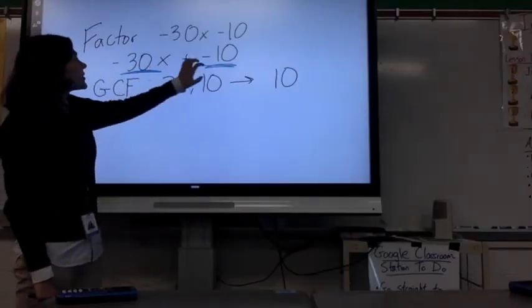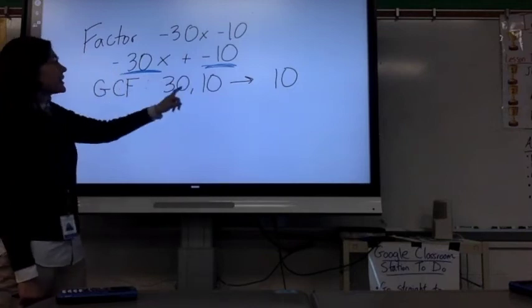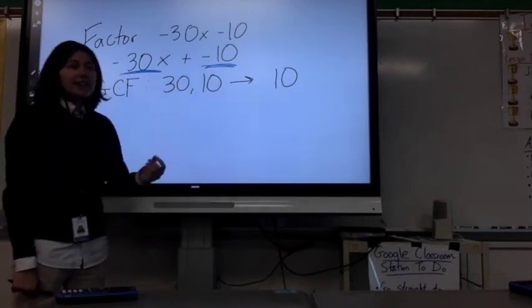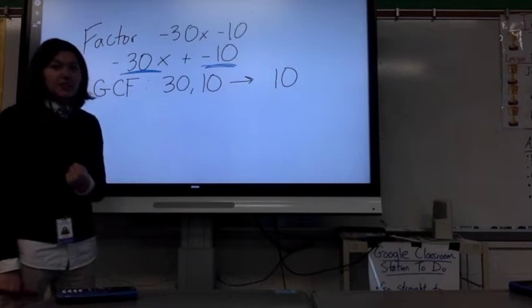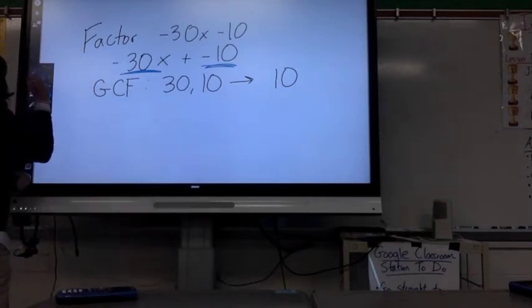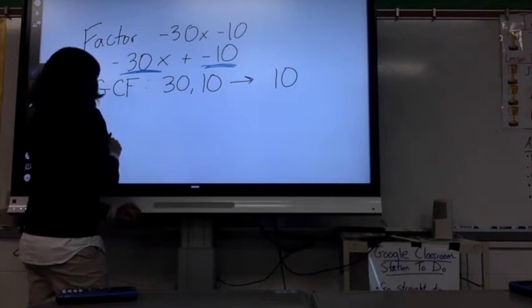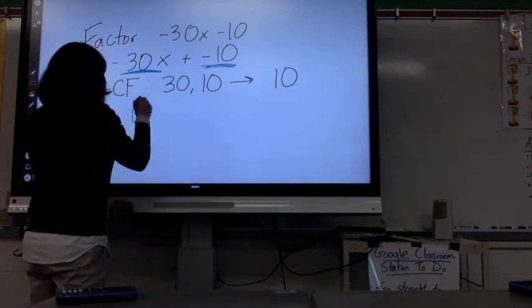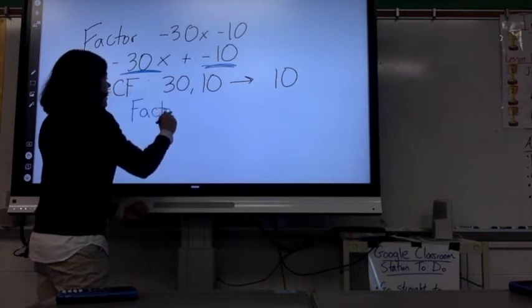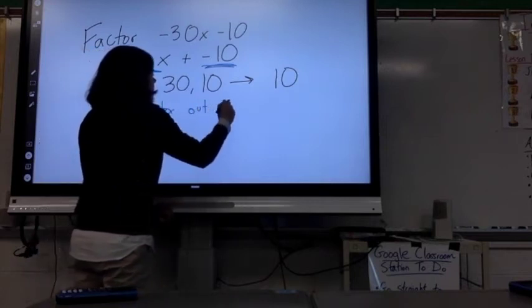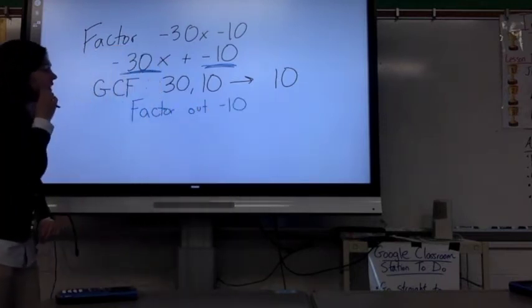But both of these terms are actually negative. I really have negative 30 and negative 10. So I can factor out that negative sign too. So the number I'm really going to factor out, I'm going to factor out negative 10.